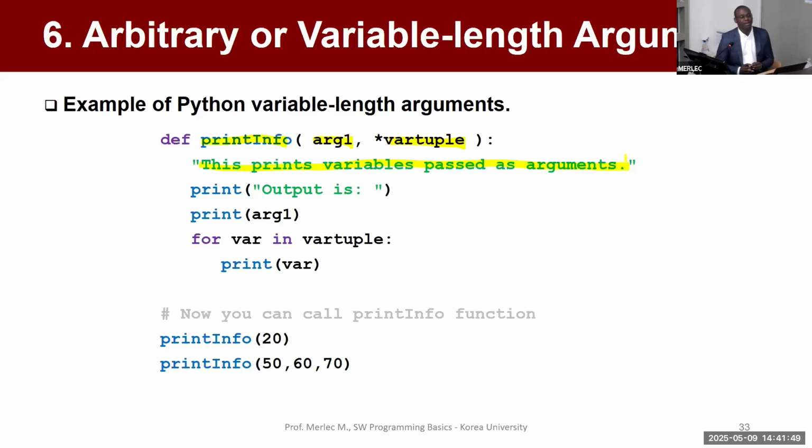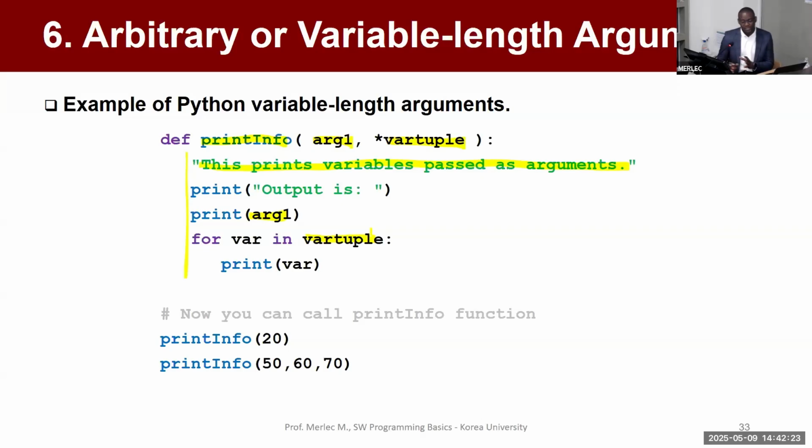If the docstring is only a single line, you can just use double quotes or single quotes. If you have it on multiple lines, you use triple quotes. And the function body here will print the output is, and then print argument 1, and then loop inside the var tuple to show all the elements of that collection as provided.